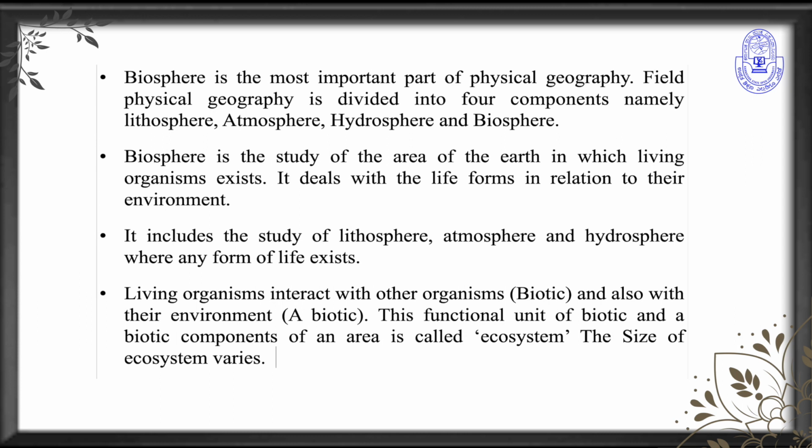Living organisms interact with other organisms, that is called biotic components, and also with their environment, that is abiotic components. This functional unit of biotic and abiotic components of an area is called an ecosystem. The size of ecosystem varies.